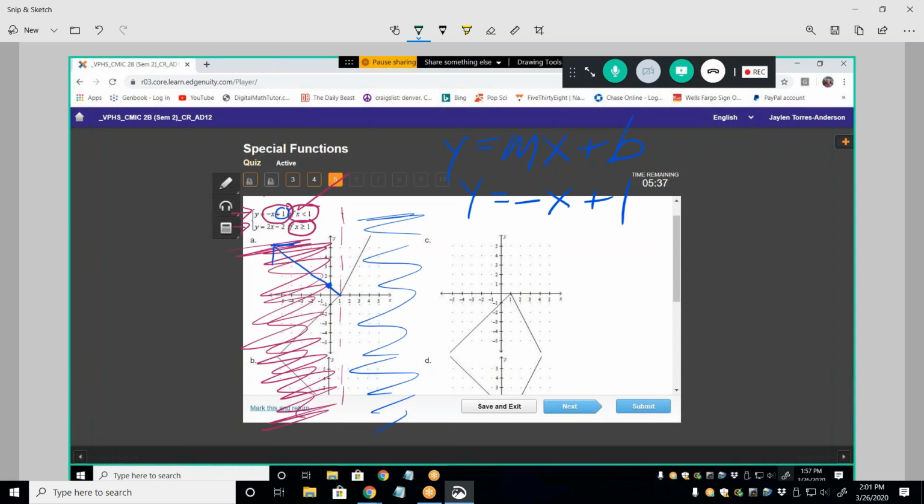Correct. Okay, so let's do this the hard way. If I'm trying to graph that function in green, where would I start? It's actually better to start with the y-intercept, always, the b. So what's b?